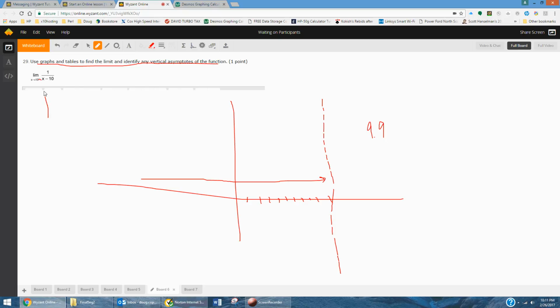So picture putting a 9.9 in here. 1 over 9.9 minus 10 equals 1 over negative 0.1, or negative 1 over 1/10, or negative 10. We're doing that just to convince ourselves that the limit is negative infinity.